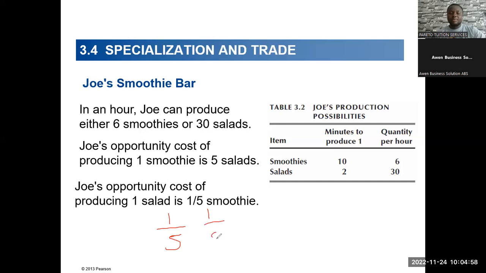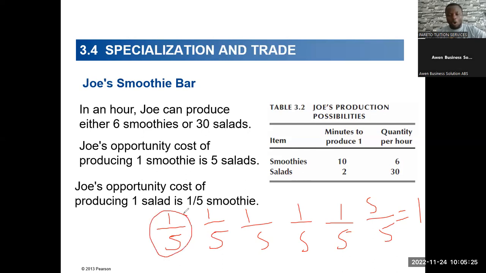Another 2 minutes will produce 1/5, another 2 produce 1/5. So if we add 5 of the 1/5, we'll get 5/5. That is where we're able to produce 1 unit of smoothies, which means that 2 minutes will only produce what?